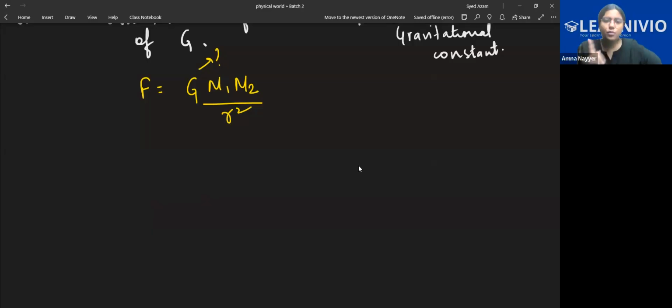So Maha, tell me, for force, what should I write? Mass into acceleration. Yes, so the dimension, I told you to remember for force, is M L T to the power minus 2.